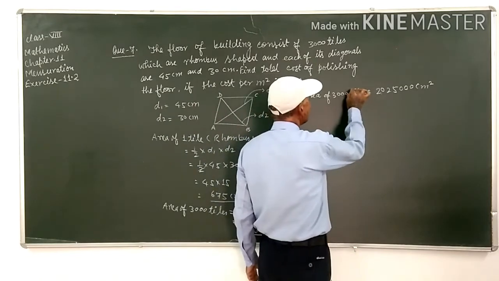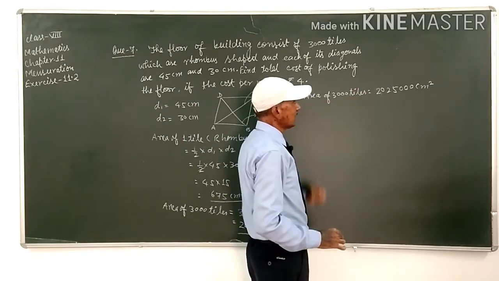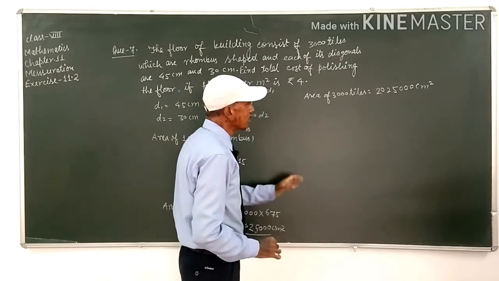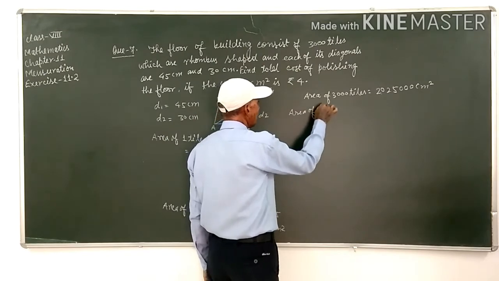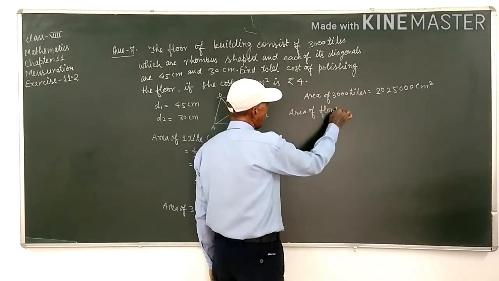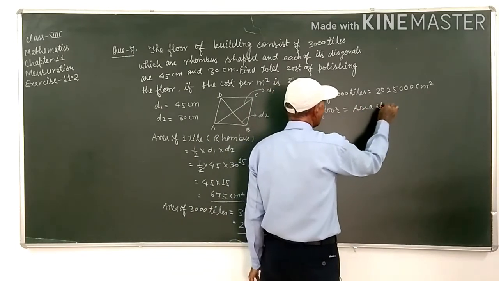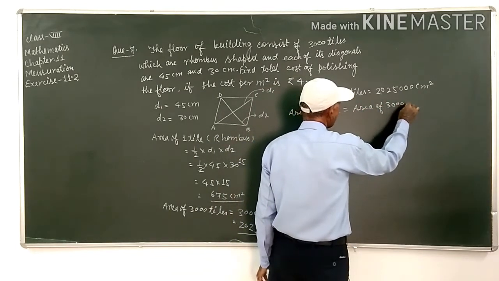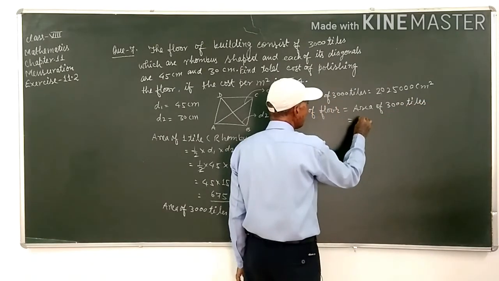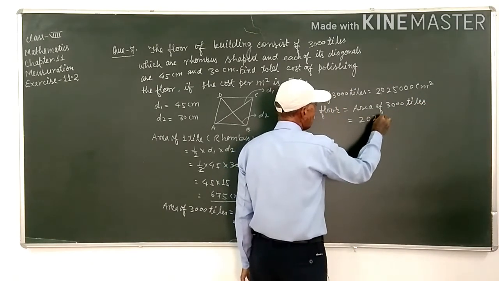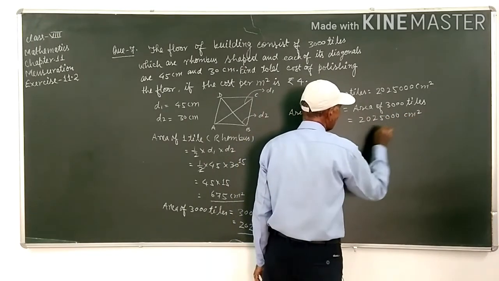Clear, student? The area of the floor is equal to the area of 3000 tiles, and that will be 2025000 centimeter square, students.